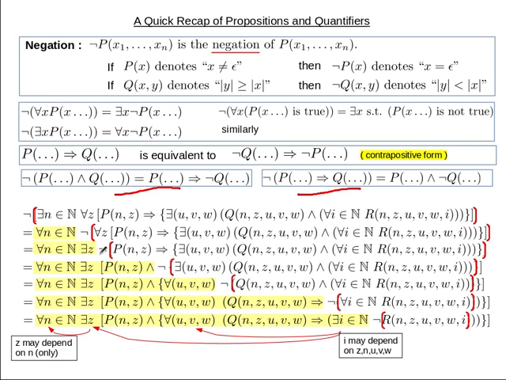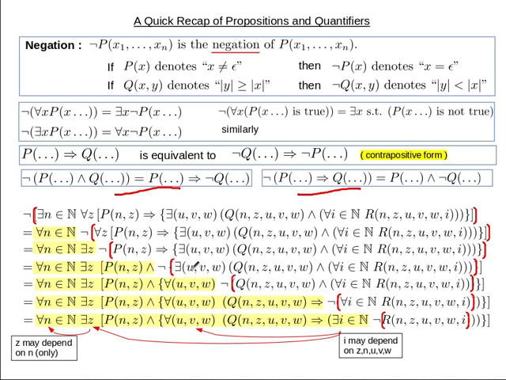Okay, and then we have an implication. So we use this thing. It's pushed inside and this becomes a conjunction, and it comes here.